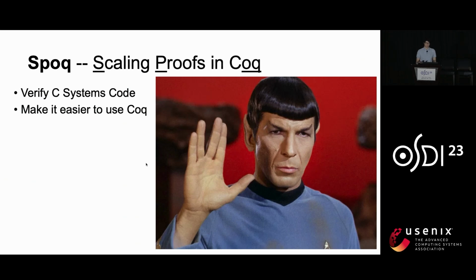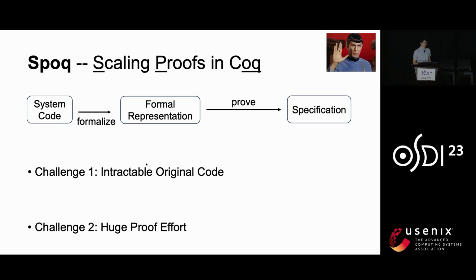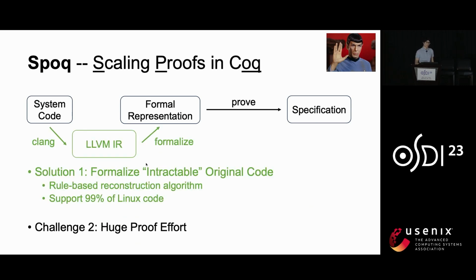That's why we created Spoq, a new verification framework that can verify C system code and make it easier to use Coq in system verification. We try to solve both challenges with Spoq. First, rather than directly formalizing the source code, we leverage Qiang to translate the system code to LLVM IR, then formalize the LLVM IR code.